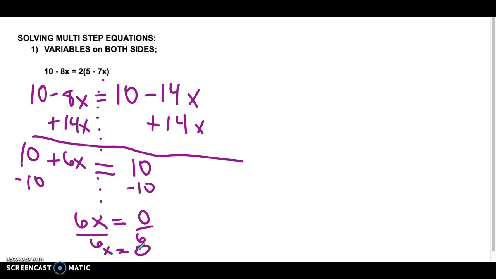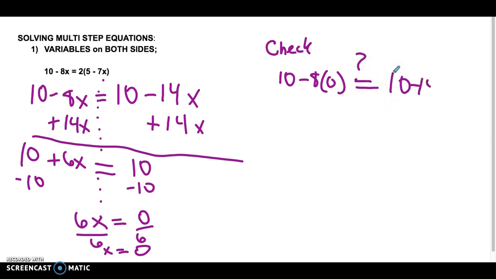Yes, 0 can be an answer to an equation. So let's check it. So you have 10 minus 8 times 0. Does that equal, so I have to put a question mark, 10 minus 14 times 0. I'm simplifying the left side. I get 10 minus 0.